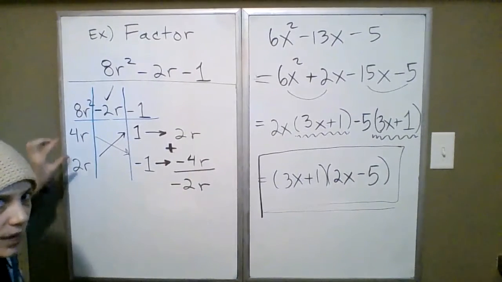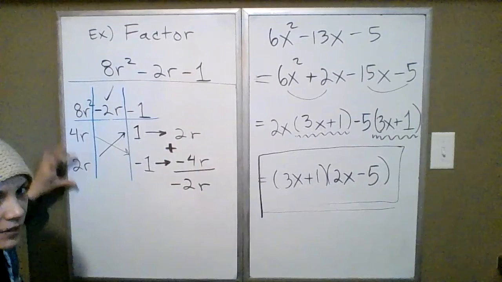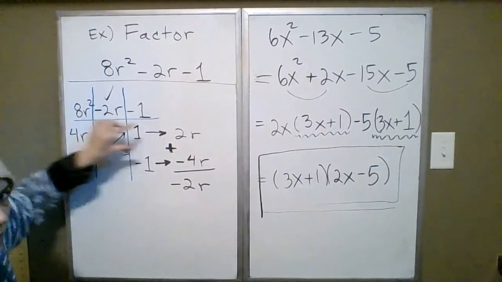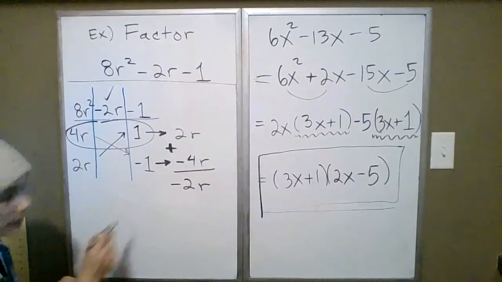So what you can do next, and it works out every time, but these are the correct factors: go straight across. It's 4r plus 1 times 2r minus 1.